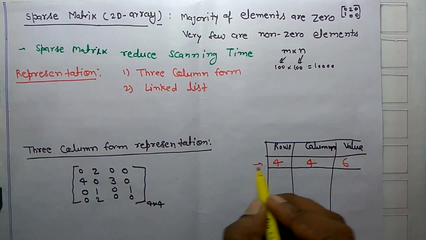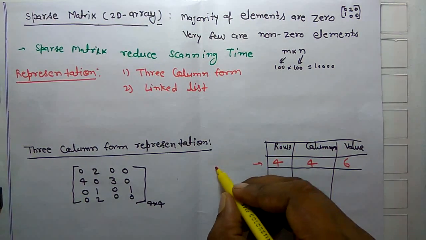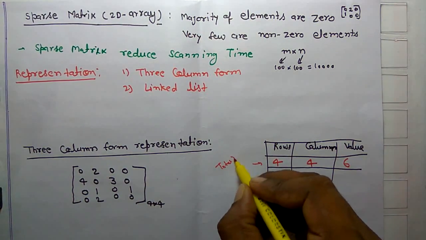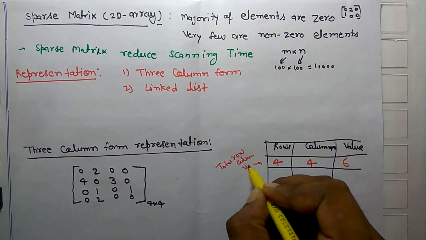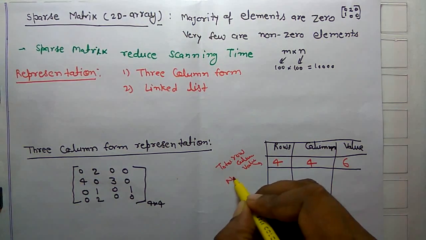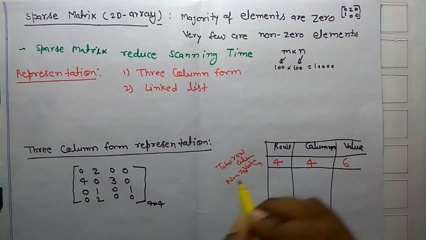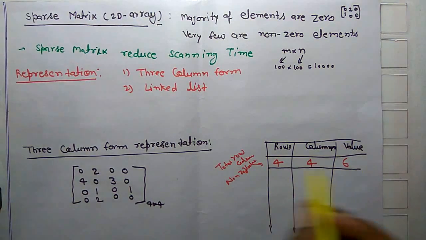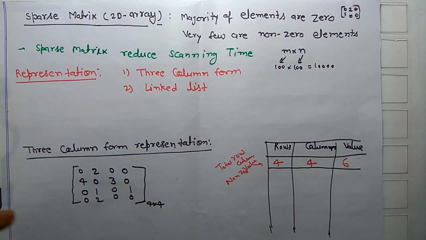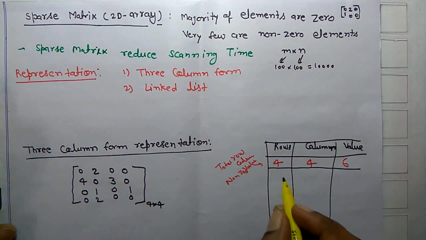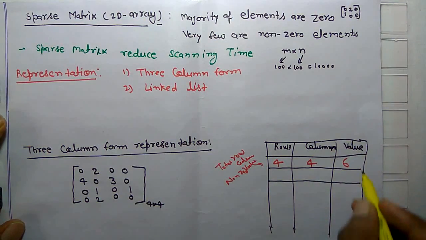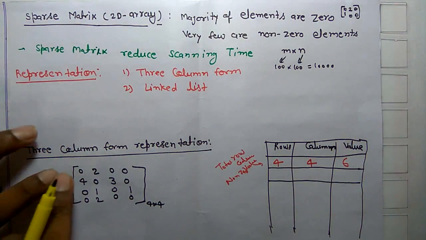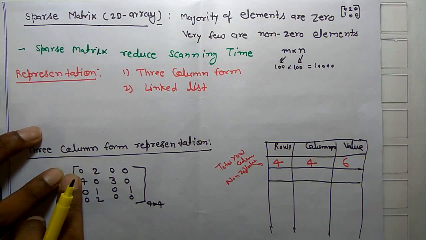So the first row represents total rows, columns and non-zero values in the matrix.